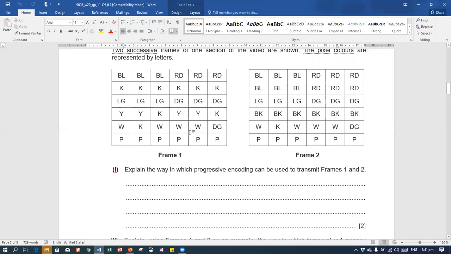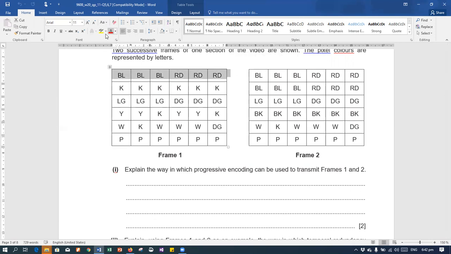The common pixels are held, and then just the difference is shown. Okay, so what are the frames that are common in it? What are the lines? The first line, BL and RD. Okay.